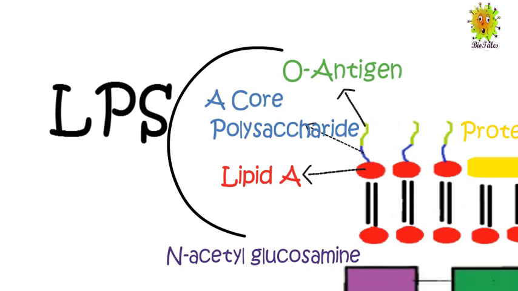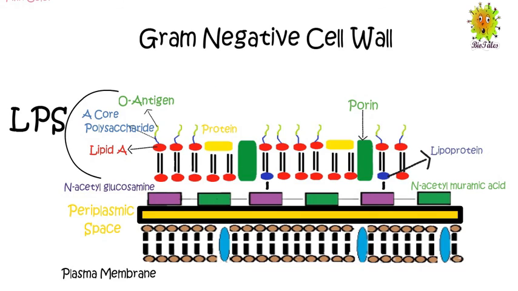It is located between the lipid A component and the O-antigen. The O-antigen component is attached to the core polysaccharide and differs between bacterial species. It can also be used to identify specific strains of harmful bacteria.